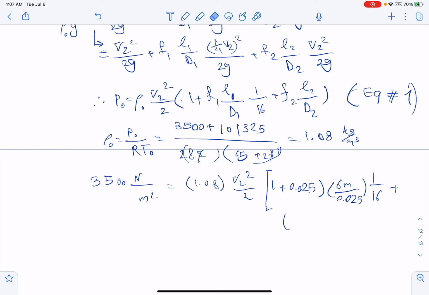This is 3, sorry, 0.23, and then plus 0.015 times 6 meters over 0.125 meter.